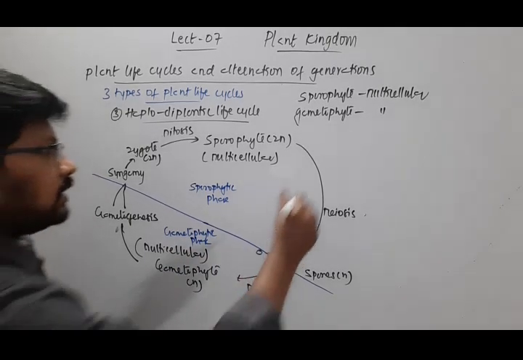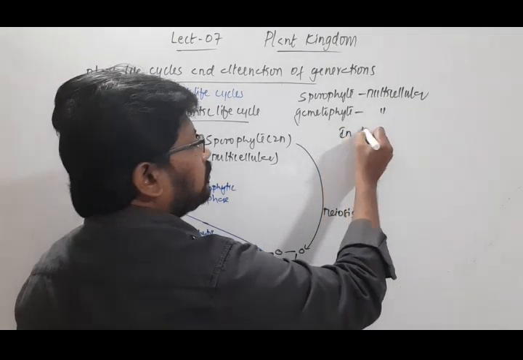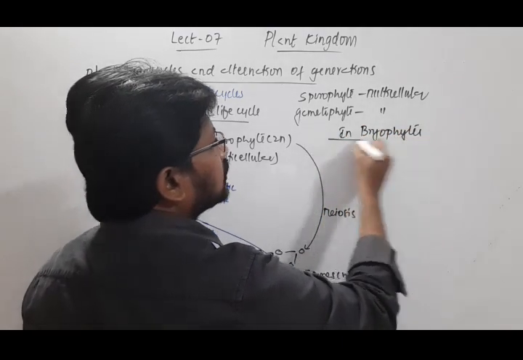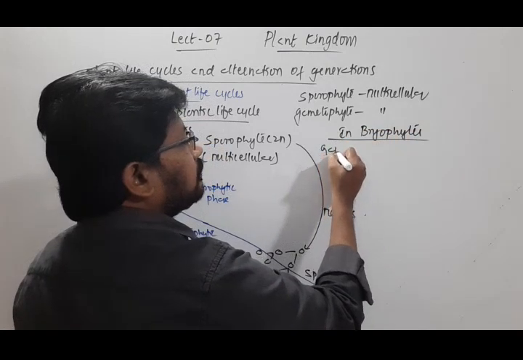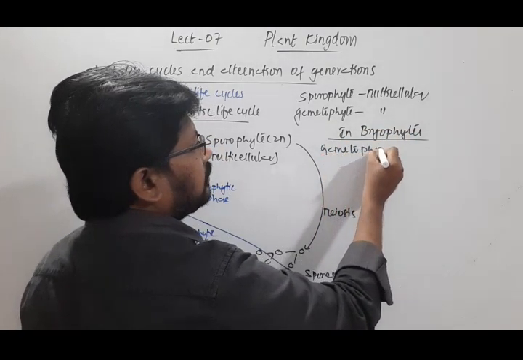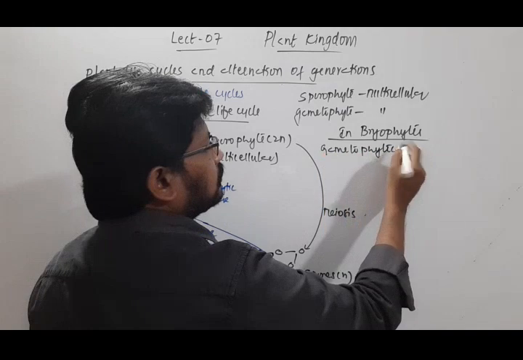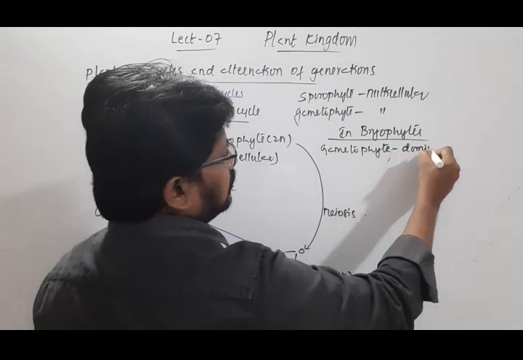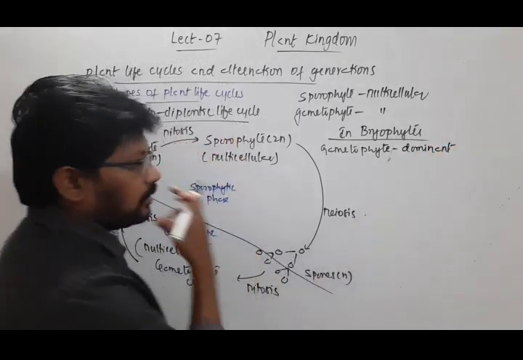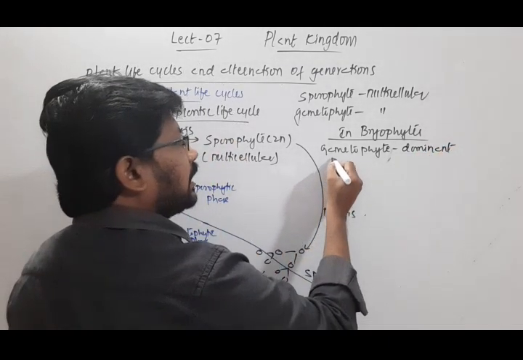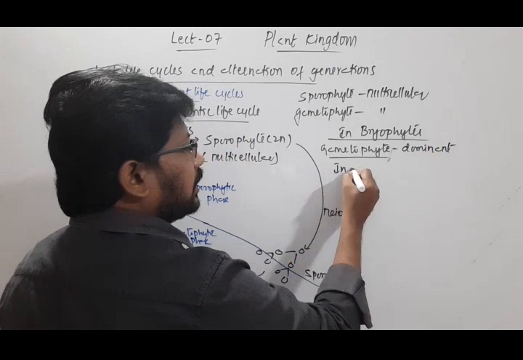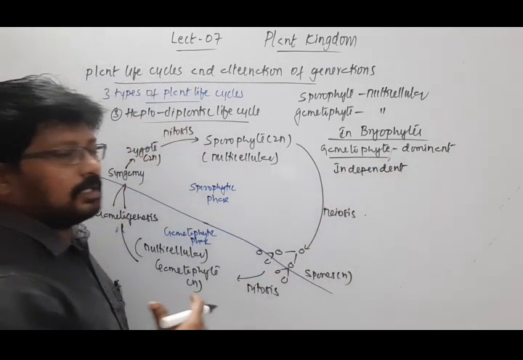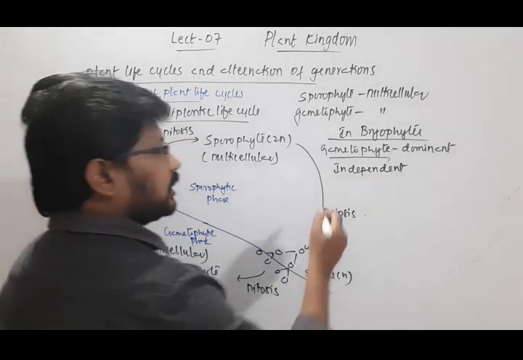Now this one in bryophytes. In bryophytes, the gametophyte is the dominant phase. It is dominant and independent, that is, free living. It doesn't depend on the sporophyte for its nutrition.